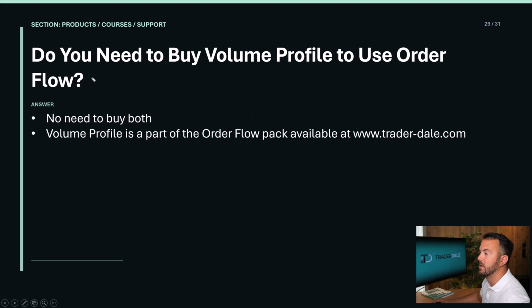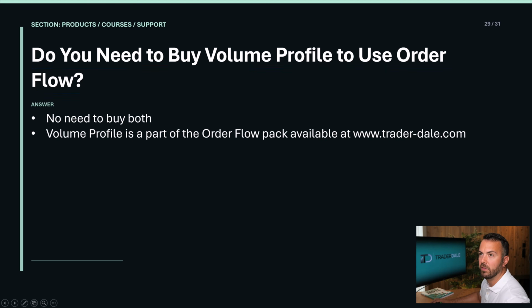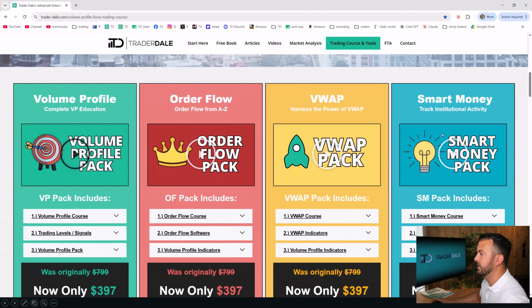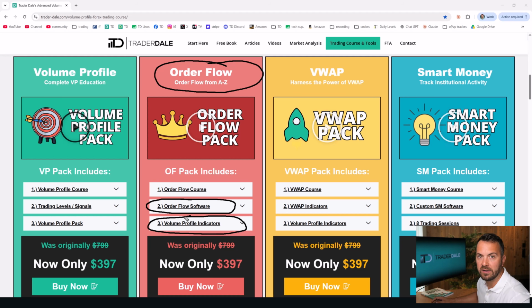Next question. Question number 29. Do you need to buy a volume profile to use order flow? The question is about the products on my website here. To use my custom-made volume profile, you only need to purchase the order flow pack, because it includes the order flow software as well as my custom-made volume profile indicators, so you can use them exactly as I showed you in the webinar.